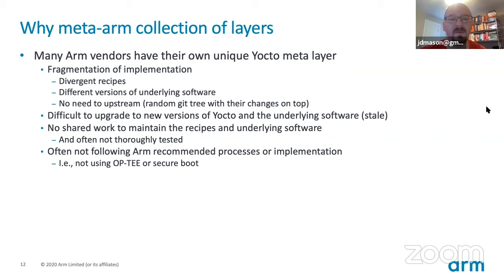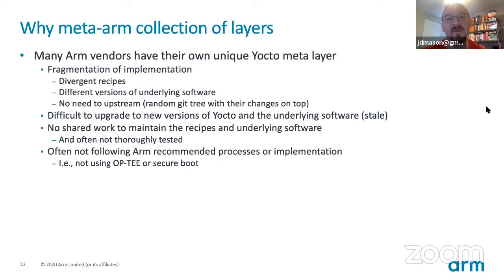And if you were 3 versions behind, snapshotted to all this stuff, it's not impossible, but it's extremely difficult, a lot of unnecessary hours to put in. And because everyone's doing their own thing, there's no shared work, and you don't know how well each layer and each recipe is tested.